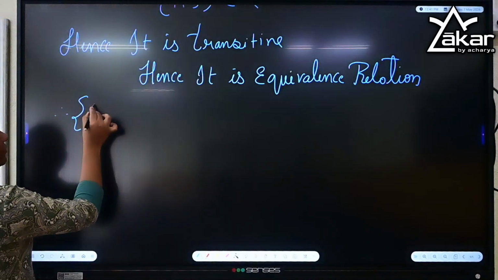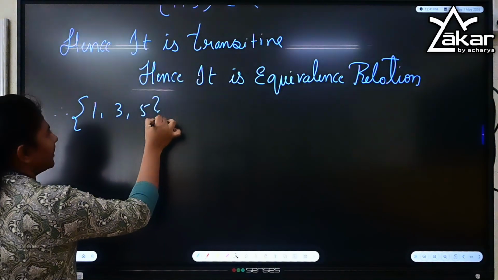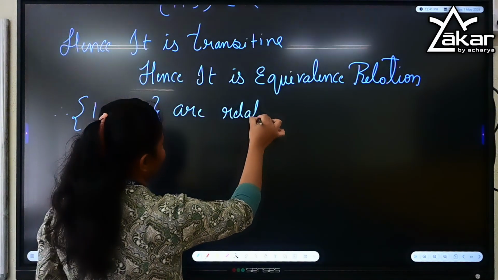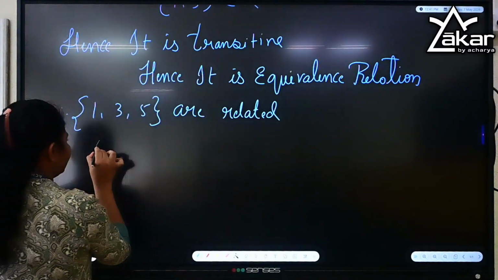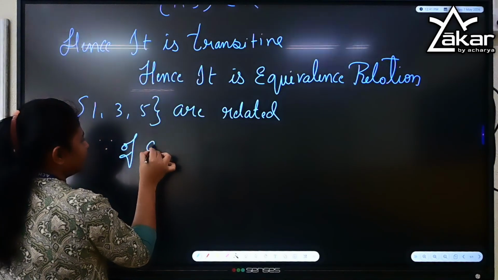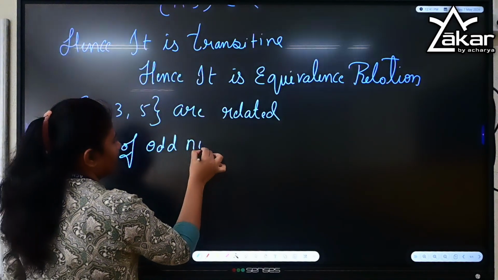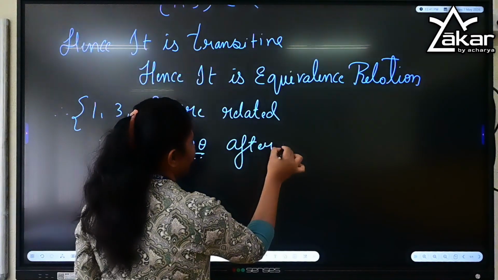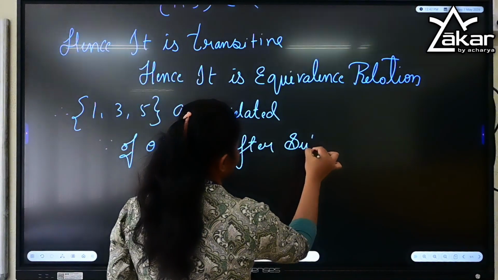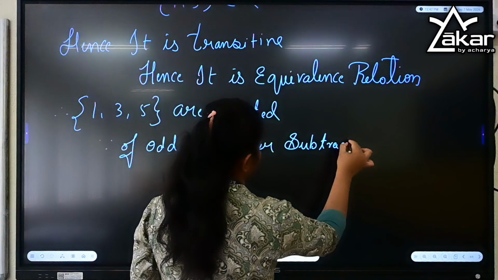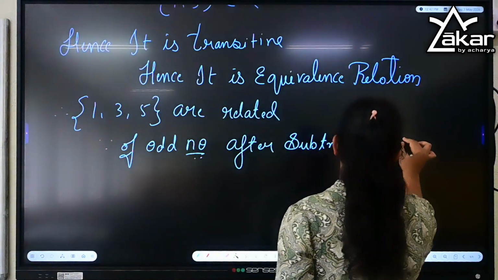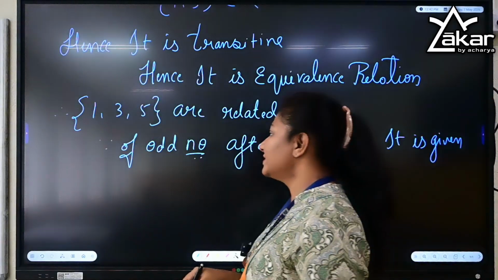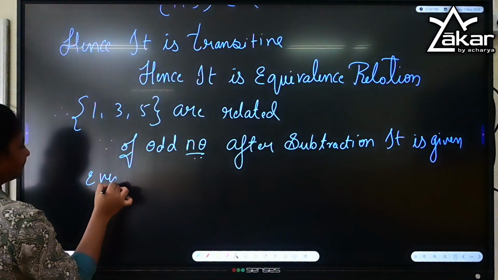Therefore 1, 3, 5 are related to each other, because an odd number after subtraction gives what kind of element? It gives an even number.